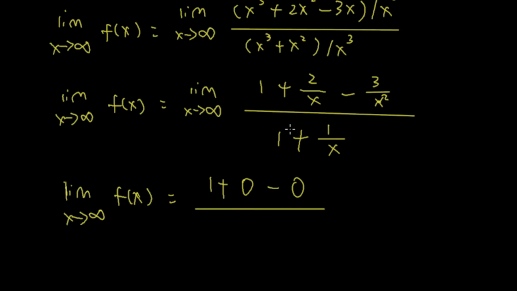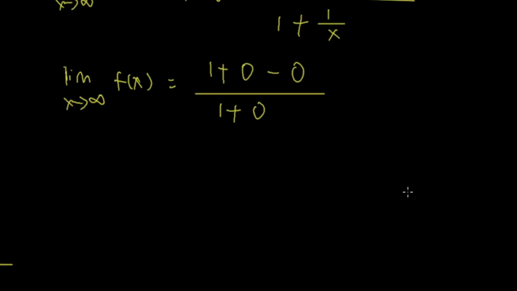Divided by 1, which is not affected, plus 1 over infinity, which will be close to 0 as well. Now the left side is the same. Limit as x approaches positive infinity of f(x) is equal to 1 over 1, and 1 over 1 is 1. So that's equal to 1. Now, what does it mean? That means the horizontal asymptote is y equals 1.